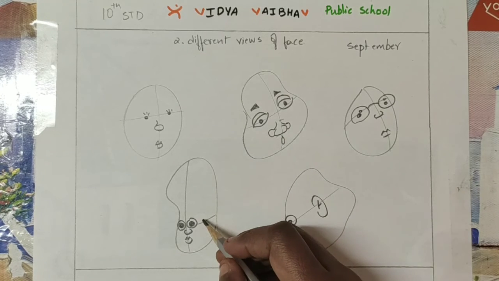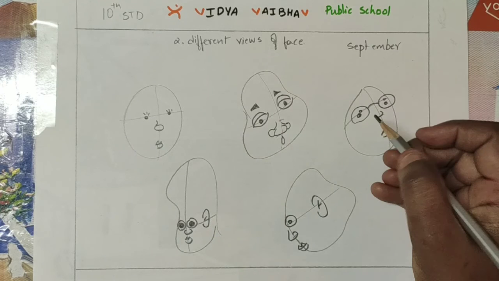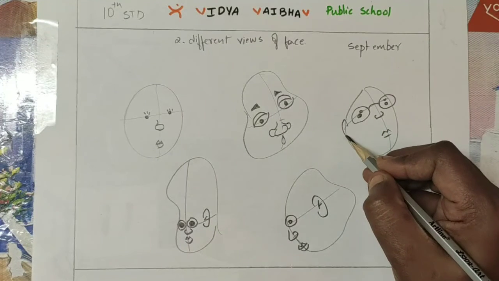So now I started drawing the ears. Think about whether in this view we can see the ears or not.